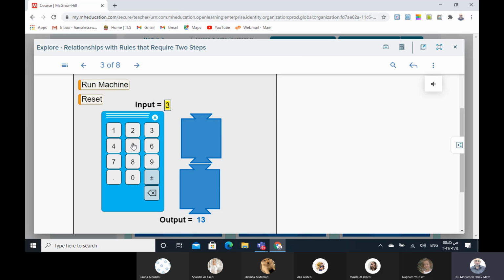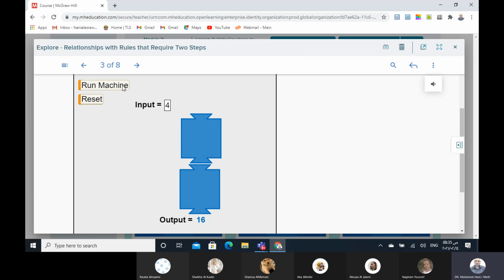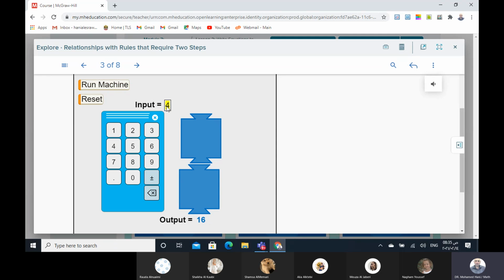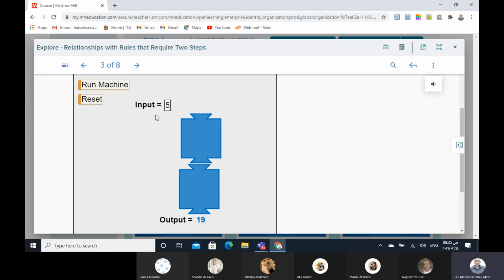If I want here 4, the answer will be 16. If I want here 5, so the answer will be what? Will be 19. Who can tell me what is the equation here? What is the rule?